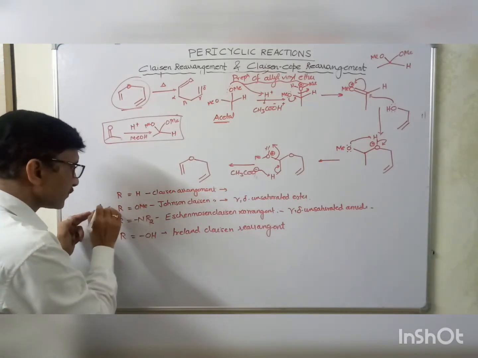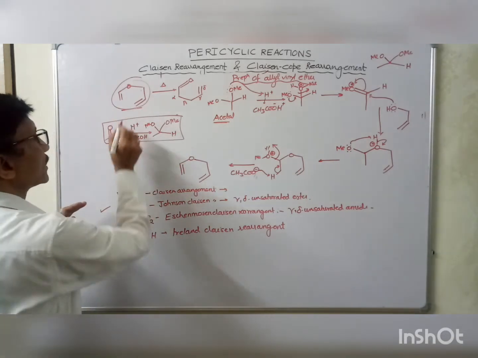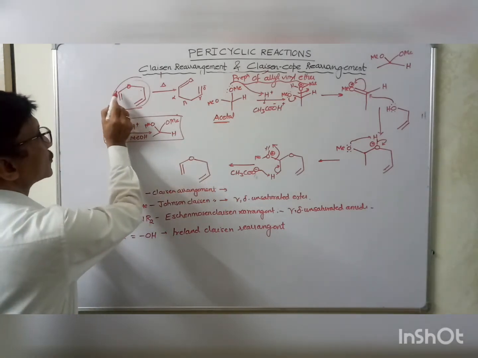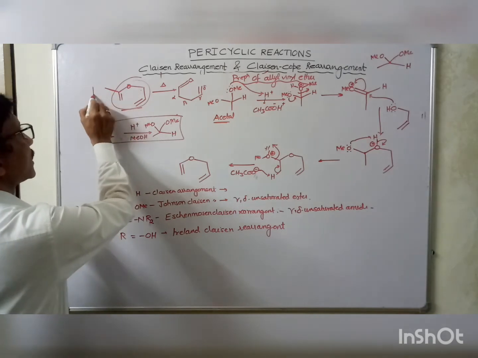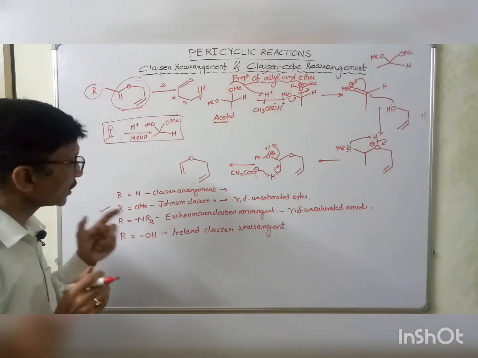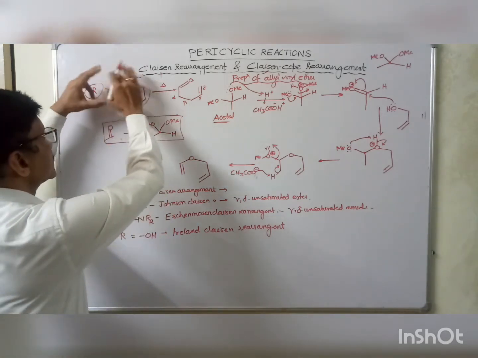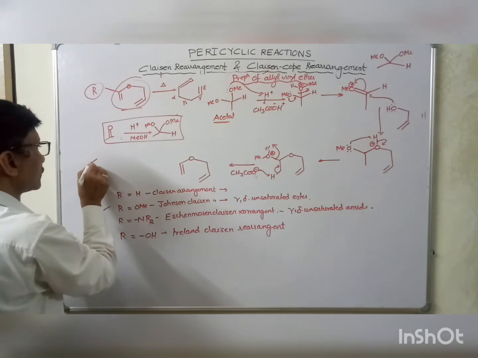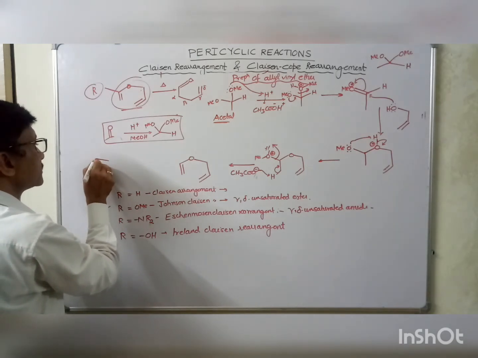Now the second case, when this R is the methoxy group. Suppose this R is the methoxy group over here. Then how can we obtain this substrate?